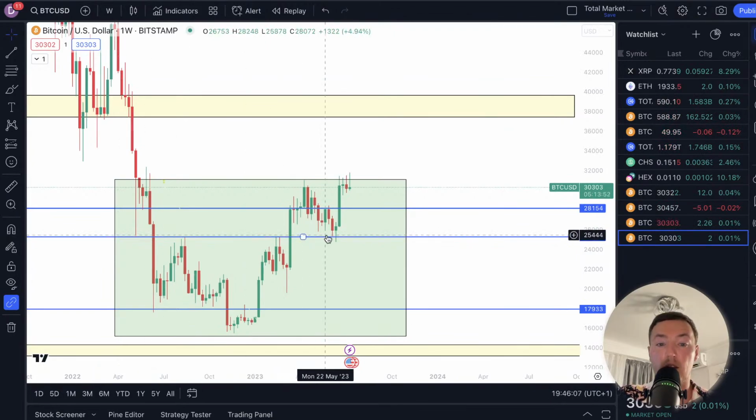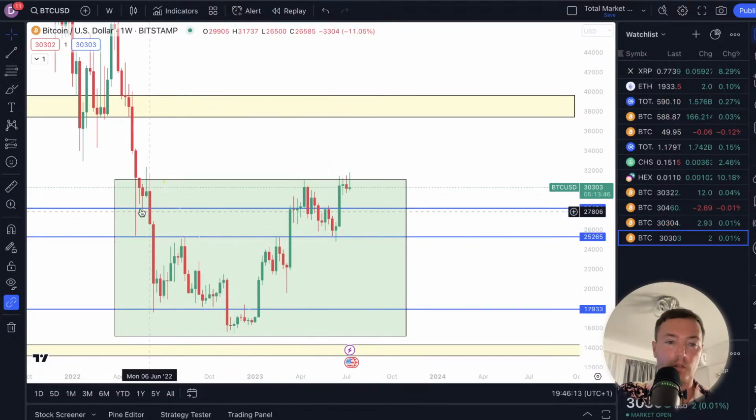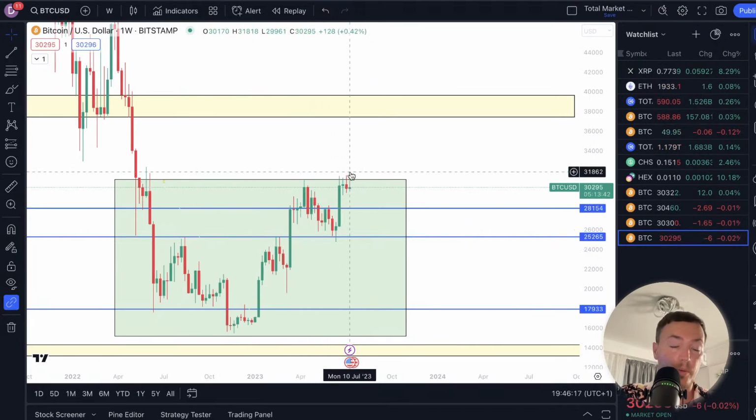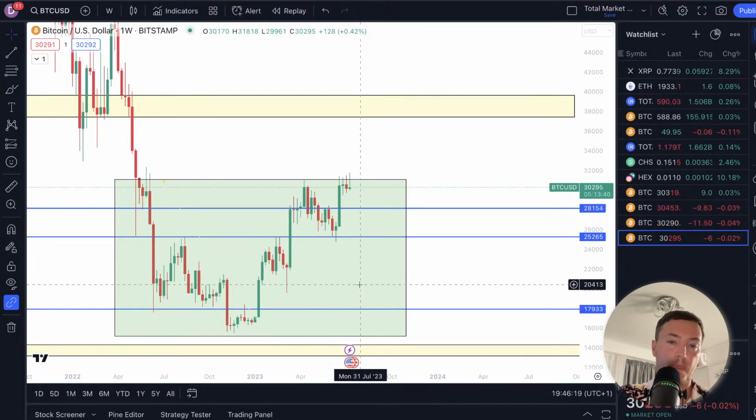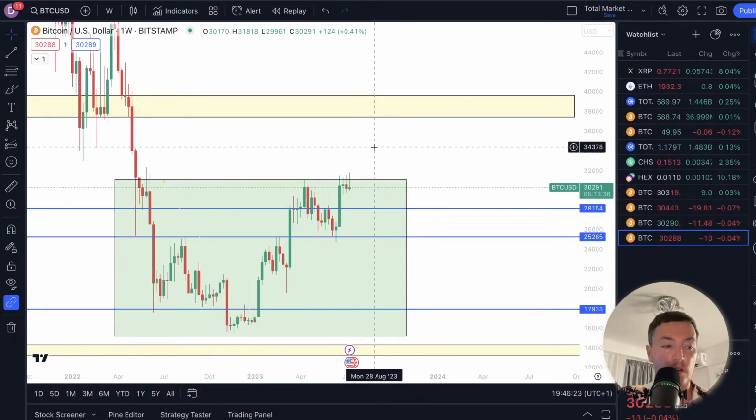It has been in a zone for 13 months. Goes to the bottom of the zone, goes to the top of the zone, middle zone, top of the zone. Until we break, nothing is happening, unfortunately, which is typical bear market accumulation stuff.